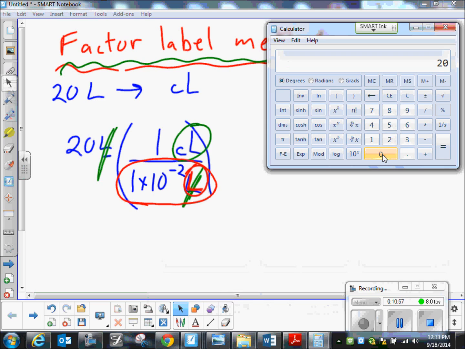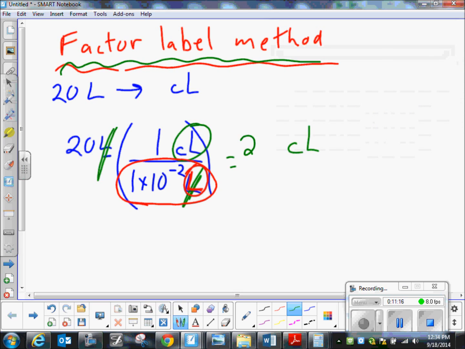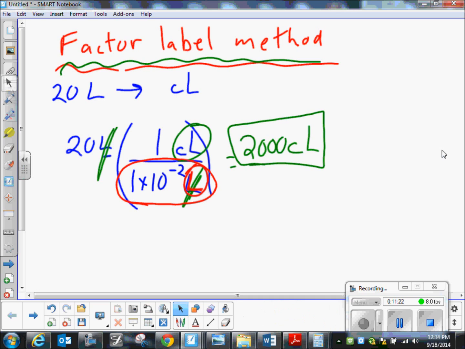And then now the number's on bottom, so I have to push divide. And then I put in 1 exp negative 2, and I get an answer of 2,000. Okay, and that is the correct answer. So it's 2,000 centiliters.